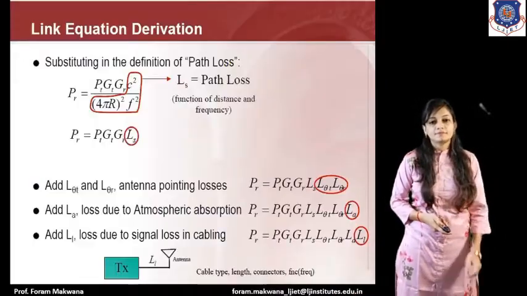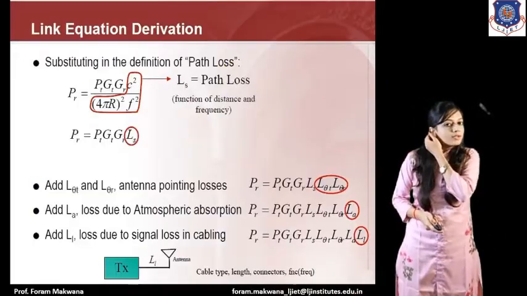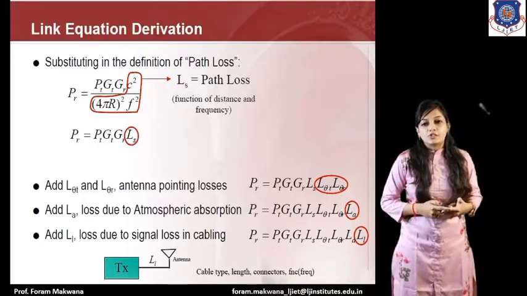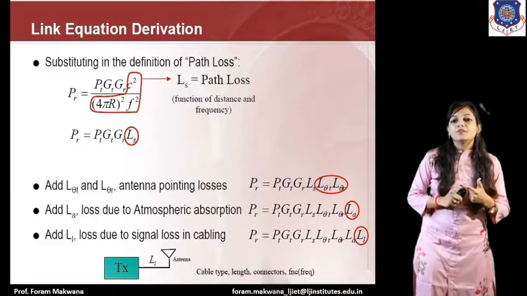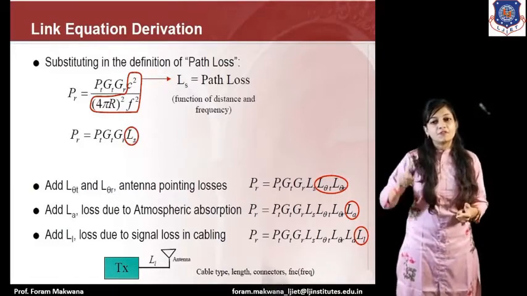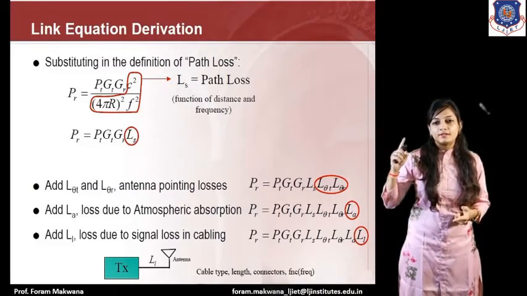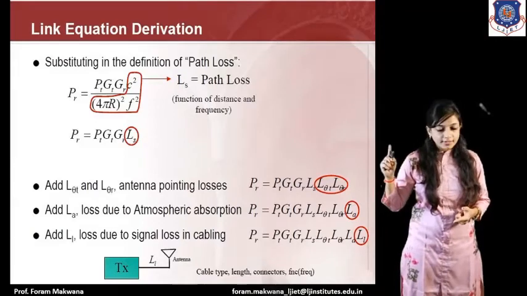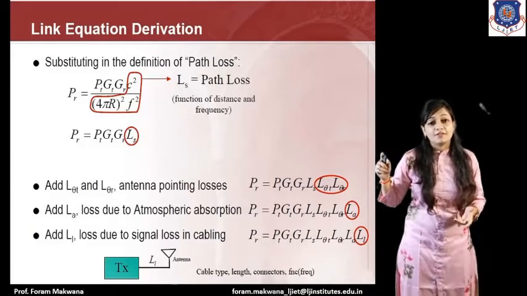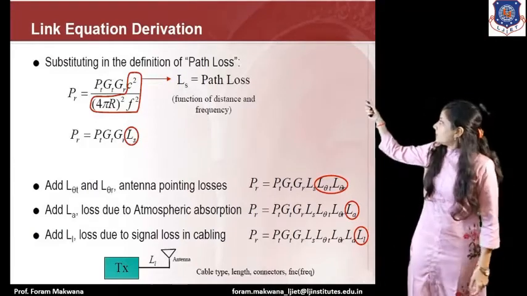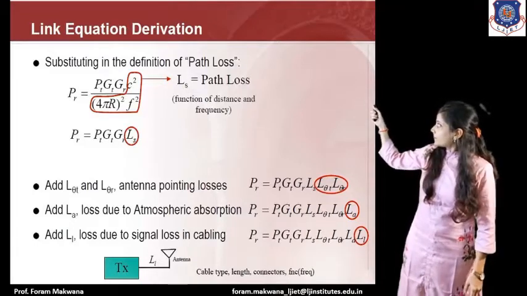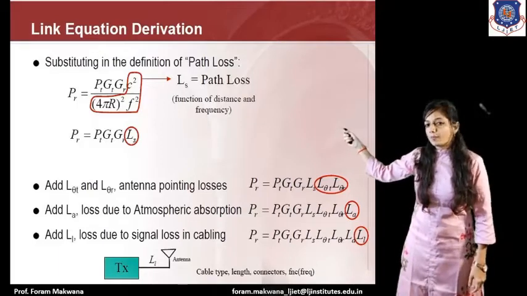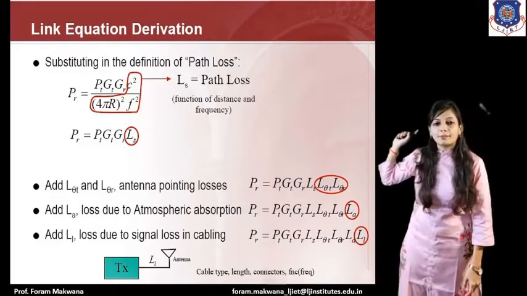Right. So how to calculate the link equation? We have already derived the Friis transmission formula, the first topic of chapter number 8, that is basic transmission theory. In that we have derived PR. PR is equal to PT GT GR upon (4 pi R) whole square into lambda square.